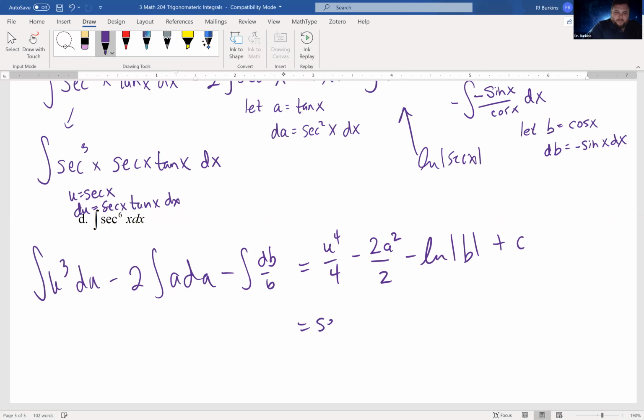U is equal to secant. A is equal to tangent. B is equal to cosine.